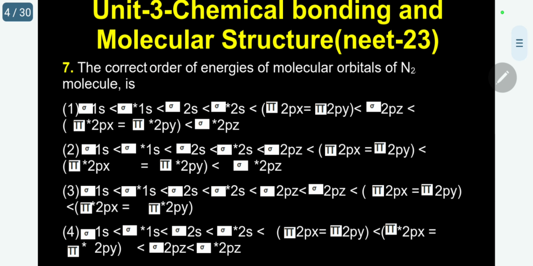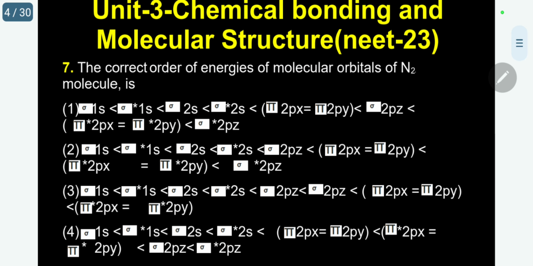The most important information I want to give regarding molecular orbital theory is the concept of bond order. Bond order is equal to the total number of electrons present in the bonding molecular orbitals, normally low energy, minus the total number of electrons present in the anti-bonding orbitals, higher energy, divided by 2.